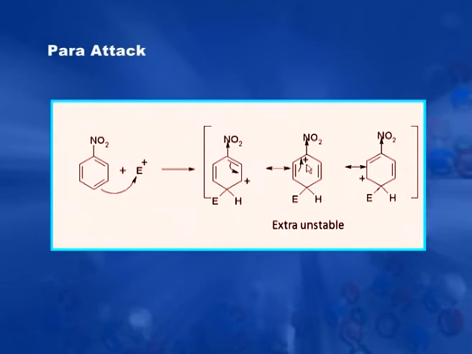Here again the positive charge comes on the carbon which is next to the nitro group. So, due to the presence of this nitro group, intensification of positive charge takes place, and this structure becomes extra unstable, its contribution towards resonance decreases and the activation energy increases.